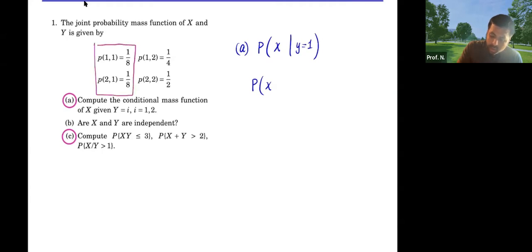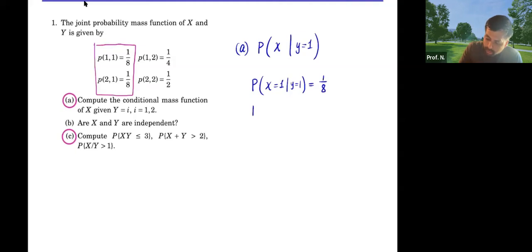So what's the probability that x equals 1 given y equals 1? It's kind of redundant a bit, right? When y equals 1, the probability that x equals 1 is an eighth.